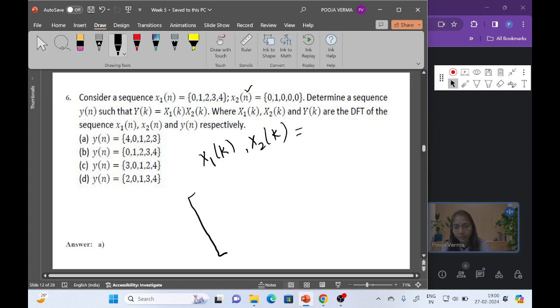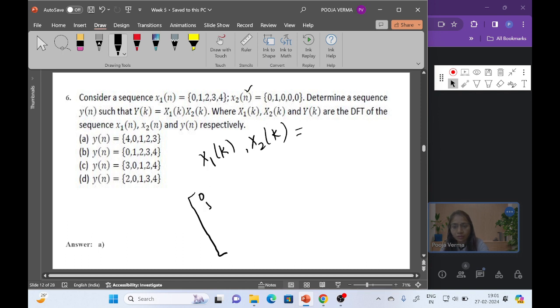So let's see how we can solve this problem. This is a 5-point DFT, so we cannot find it directly with the 1 1 1 1 formula, because that is applicable for 4-point DFT only. So in order to solve the 5-point DFT, we will go through the matrix convolution.